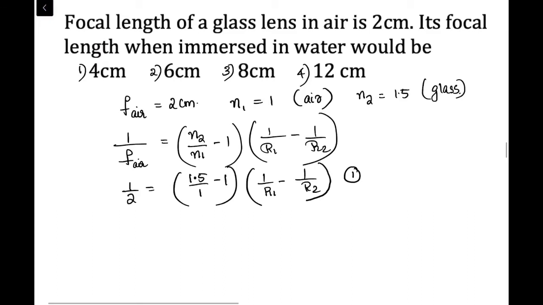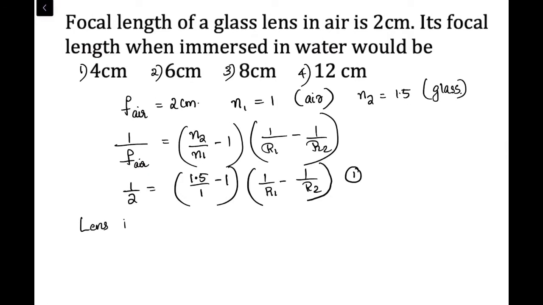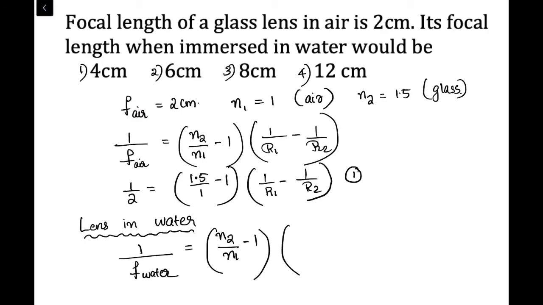So in the second case, lens in water, we will get an equation similar to the first case, and then it will be easy for us to solve. 1/F water is equal to, once again the same formula, (n2/n1 - 1)(1/r1 - 1/r2), because r1 and r2 are not going to change, as they are inbuilt and we cannot change them, but the focal length can change.